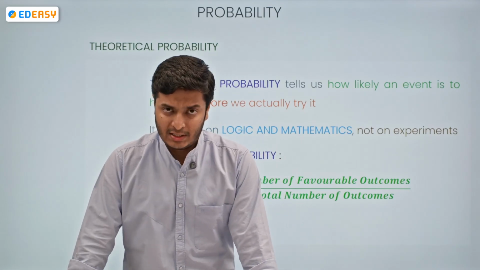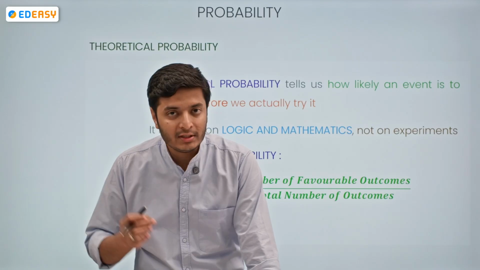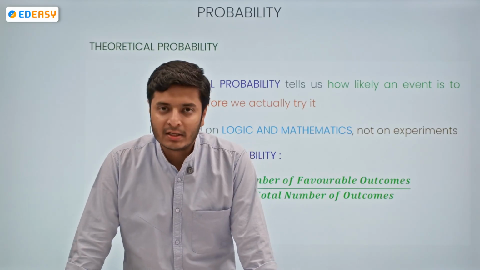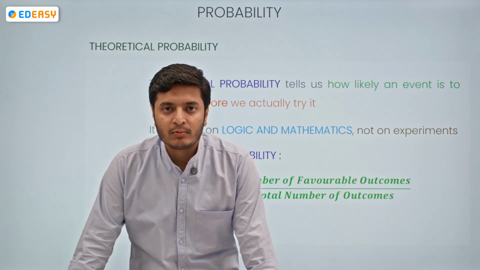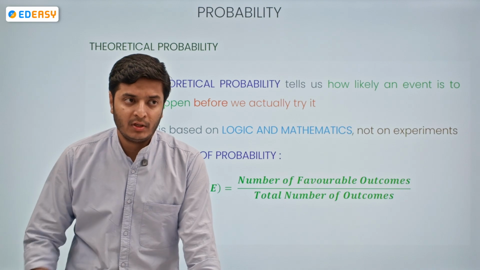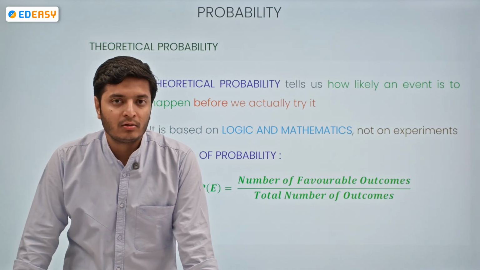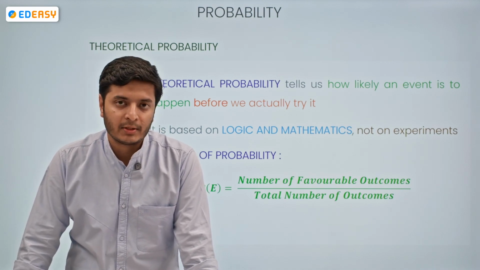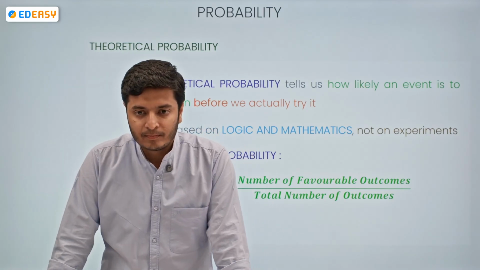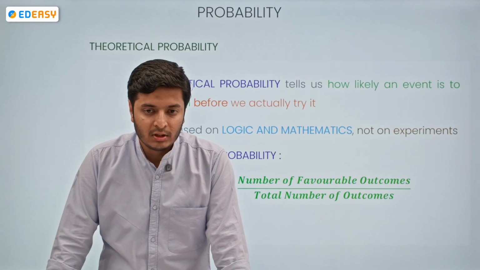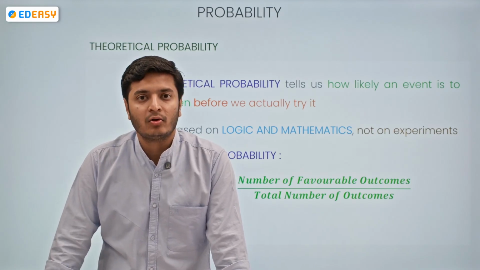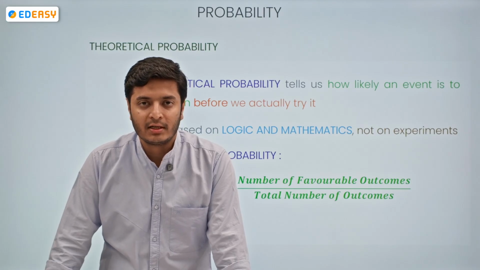Now this is known as experimental probability because we are doing the experiment, then after writing down all the outcomes we are calculating the probability, correct? But suppose I don't want to do the experiment. There are many things in the real world where we cannot go with experimental probability. ISRO cannot bet on experiments, like trying to launch a satellite and then checking whether there is any problem or not.